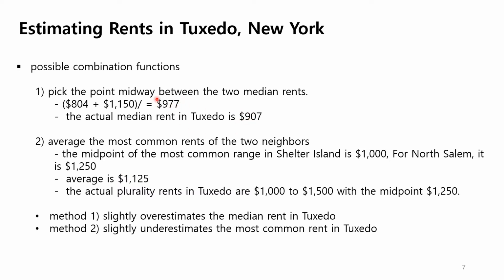It slightly overestimates the real median rent. In method 2, this is our estimate, and it slightly underestimates the most common rent value in Tuxedo. So depending on which method, you can come up with a different estimate. It's hard to tell which method is better than the other. It all depends on your data and your application.